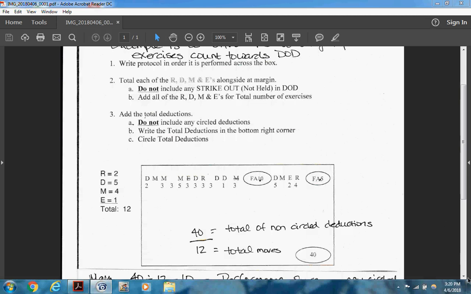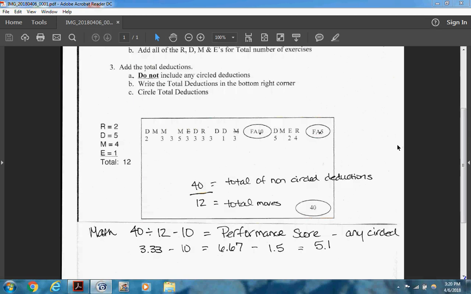Now, let's talk about the elements of math that need to be done in this case. I find it's easier for people to do math if they conceptually understand why they're doing math. So when we talk about the division, because what we do is we divide total deductions by total moves is the math that we're going to do.